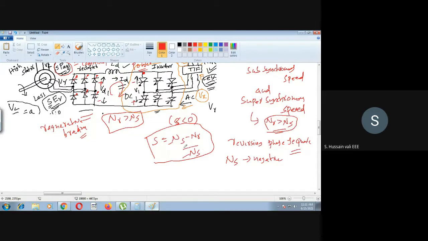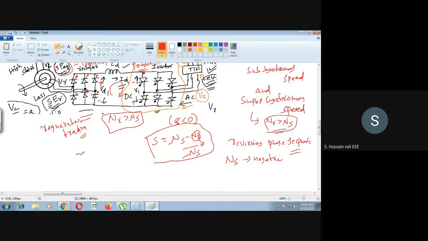Okay, sorry, I think this is not possible. If you do this, what will happen now? NR always tries to follow the synchronous speed. So if it is following the synchronous speed, it slows down.